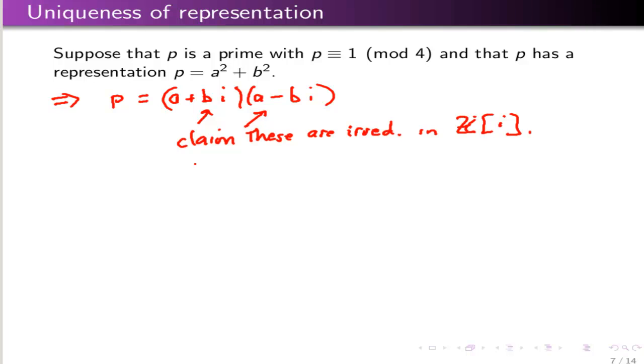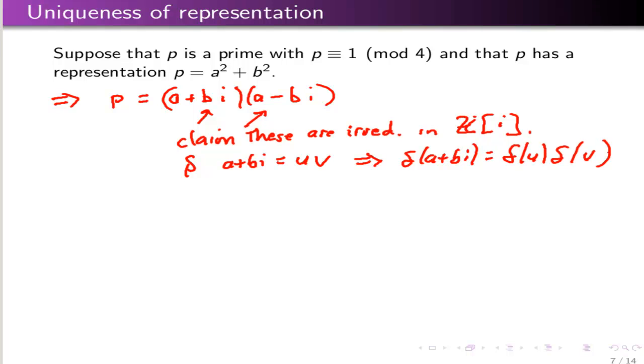What do you do? You say, suppose that a plus bi was some u times v. Then you take the delta function. And you say, well, that's delta of u times delta of v. Delta of a plus bi is a squared plus b squared, which is p. And on the right-hand side, you have a product of two whole numbers equaling a prime. Therefore, one of these two delta values must equal plus 1.